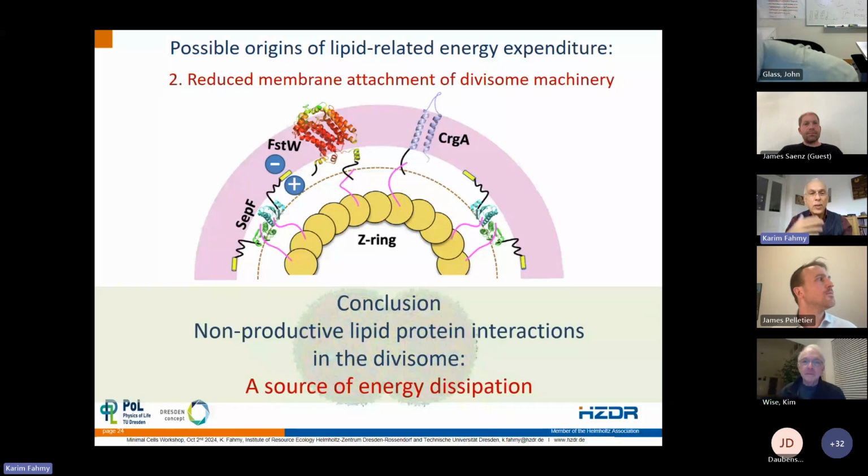And as long as we don't have this mixture, not only of curvatures but also of net charges, it may be, that's my hypothesis, that the divisome, the FtsZ, for example, would not know where to attach to the membrane because there's not a clear preference given by curvature. It may diffuse around without ever forming a narrow ring-like structure, whereas in the presence of neutral lipids, it would, because then the curvature would also define the charge distribution.